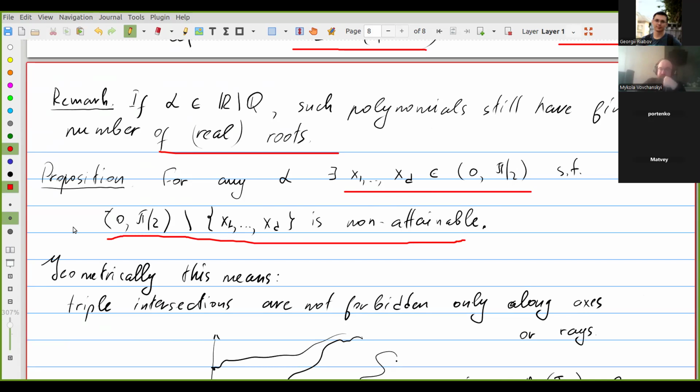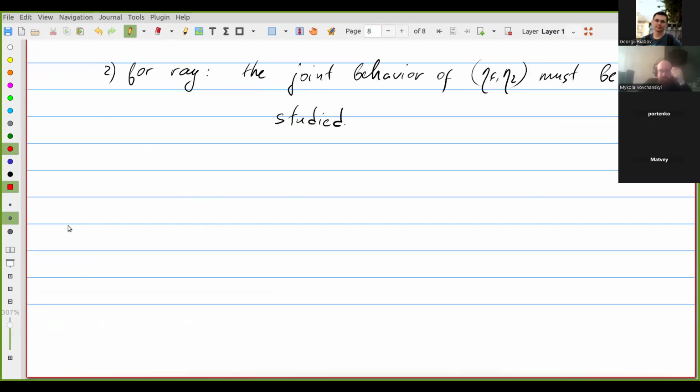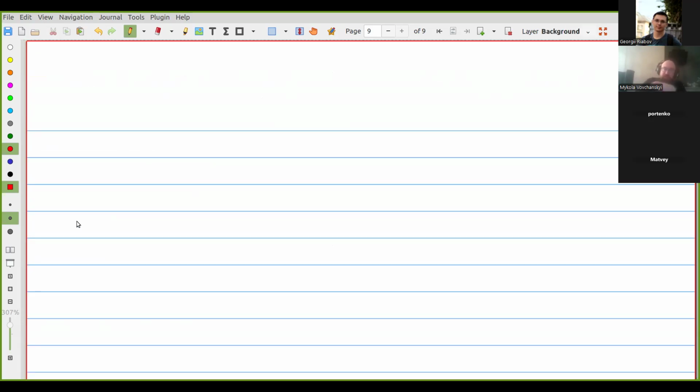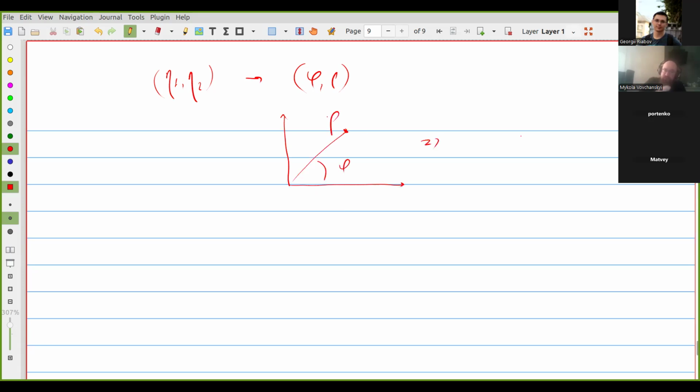So geometrically this means the following: we did this transformation eta 1, eta 2 into polar coordinates phi, rho, and instead of living on rho from 0 to infinity, we switched to living on 0 to infinity.